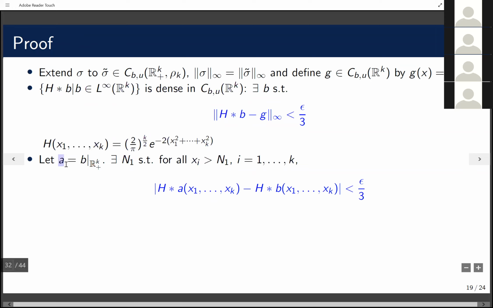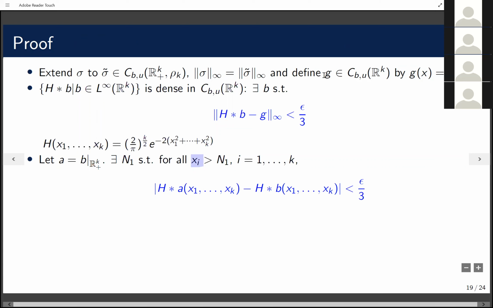So this is going to be our candidate for the symbol. And so then we have this result. There exists n1 such that for all xi greater than n1, the absolute value of h star a(x) minus h star b(x) is less than epsilon over 3. So this connects a to b, and b is connected to sigma through this.